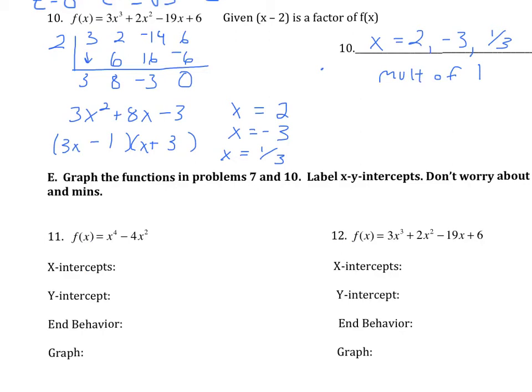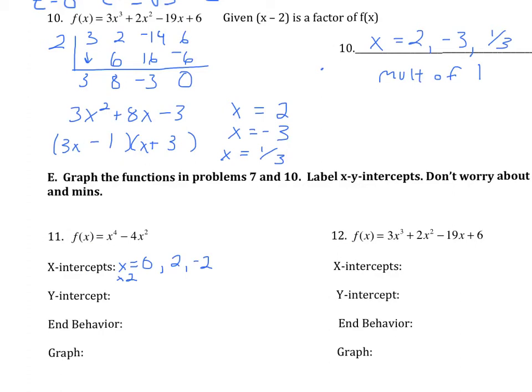For problems 11 and 12, we want to use the information we got from the previous problems that we did, and then graph our polynomial. So for 11, we found that our x-intercepts were x equals 0, and that had a multiplicity of 2, so I'm just going to write times 2. And then we also got a 2 and a -2.